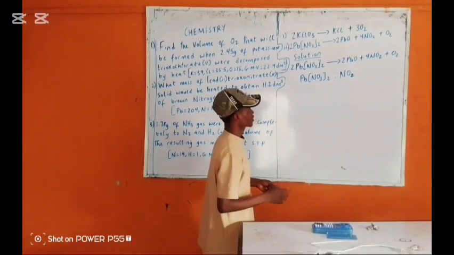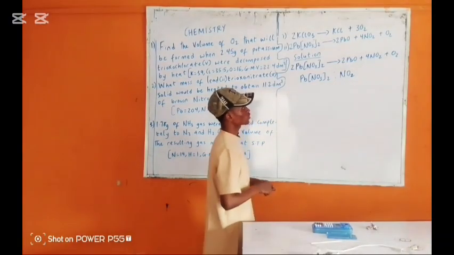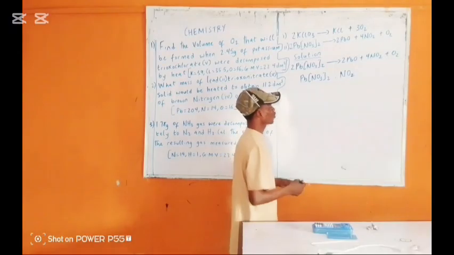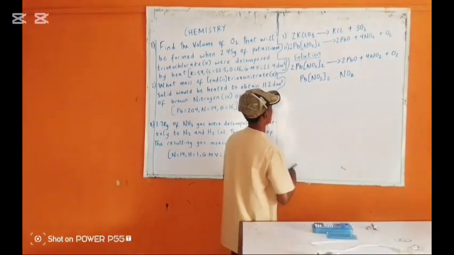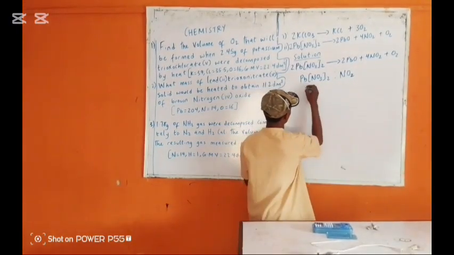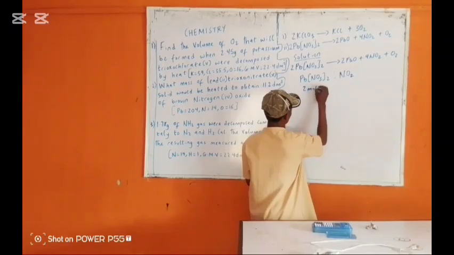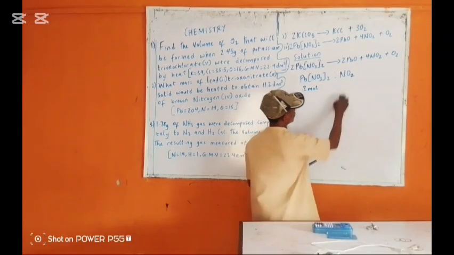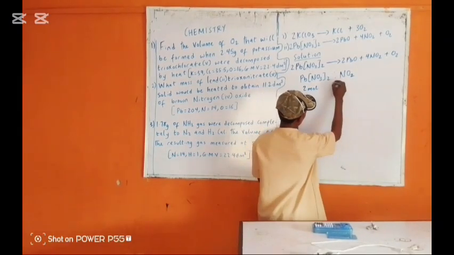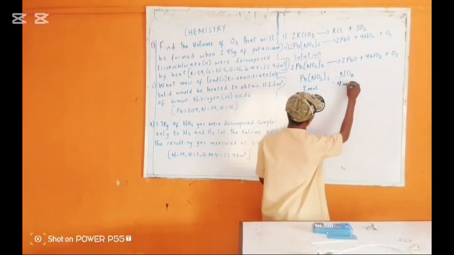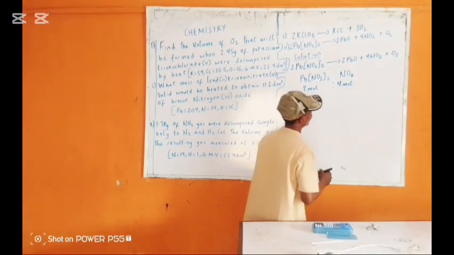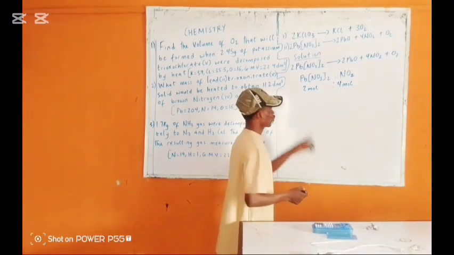That is nitrogen 4 oxide. So from the equation now, we're having 2 moles and we're having 4 moles.